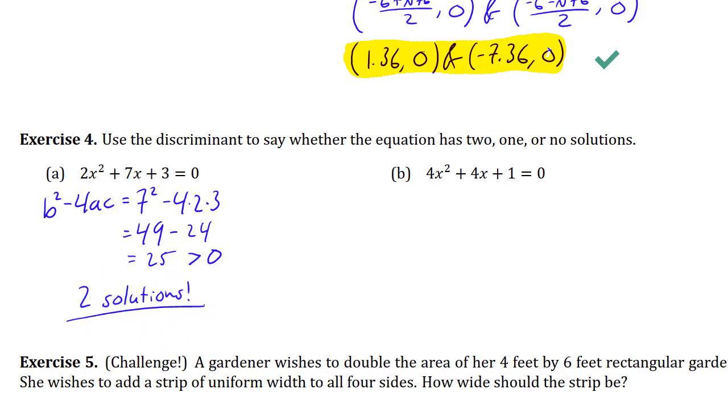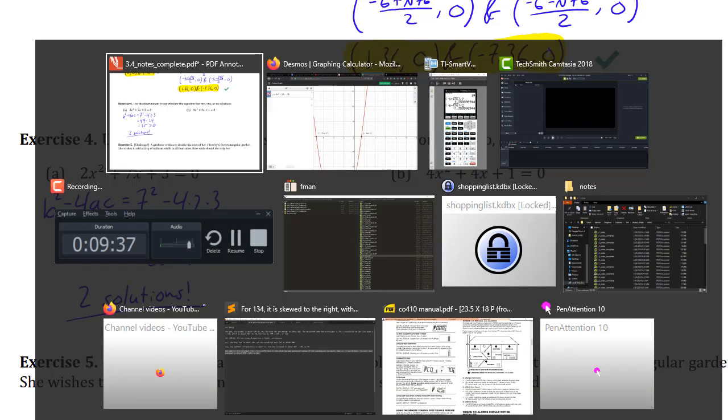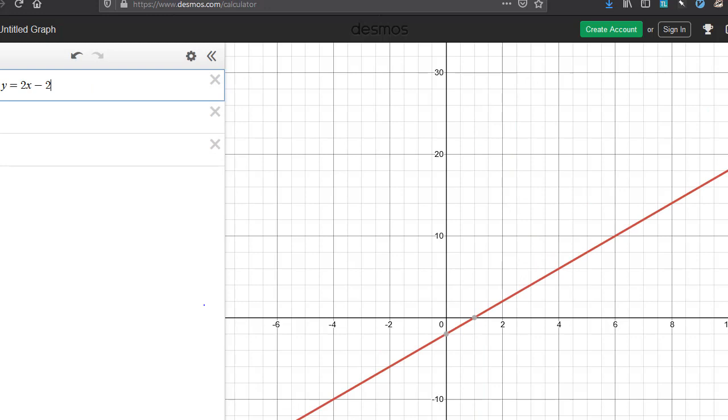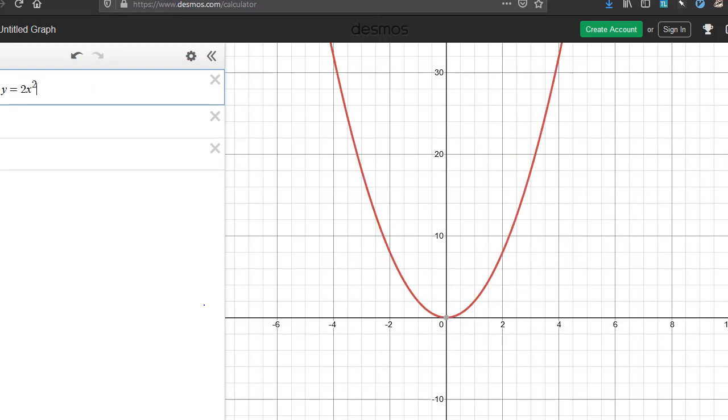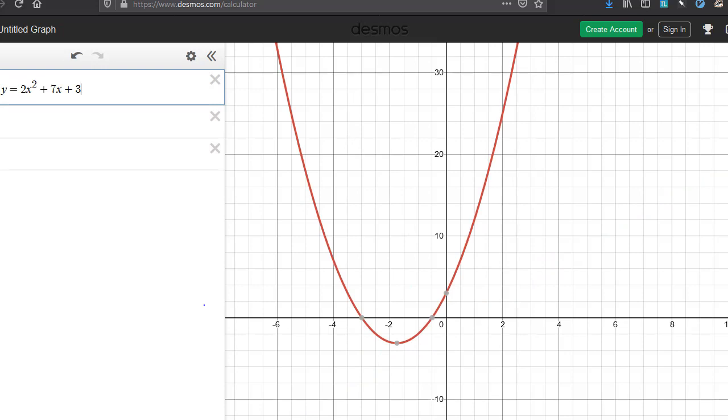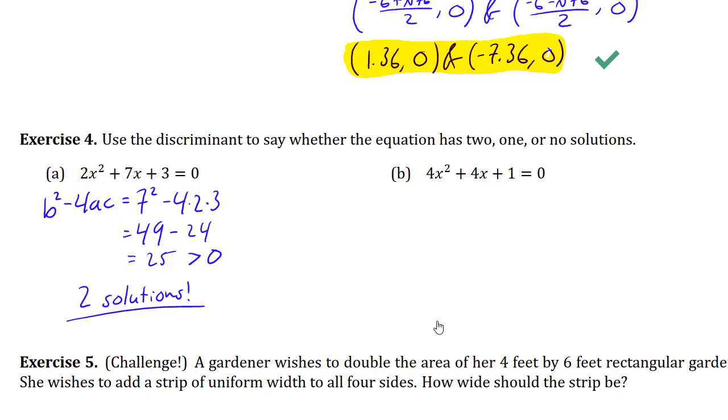If you want to check it, you could always just graph y equals 2x squared plus 7x plus 3. And yeah, it crosses the x-axis at 2 spots. So this has 2 solutions.